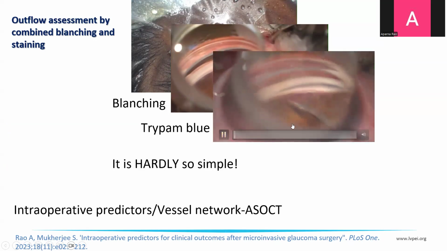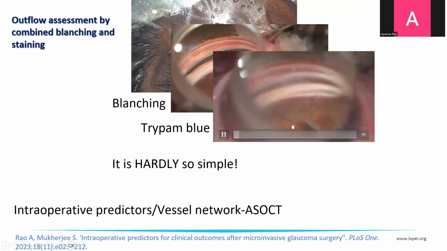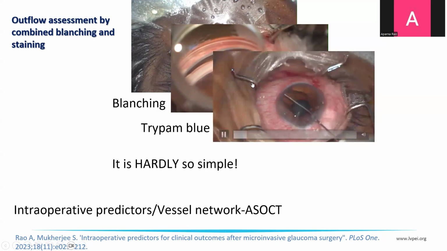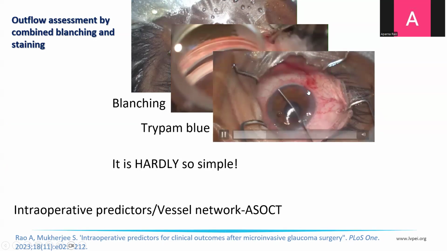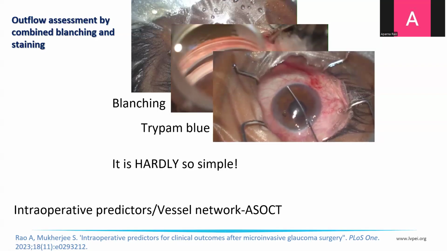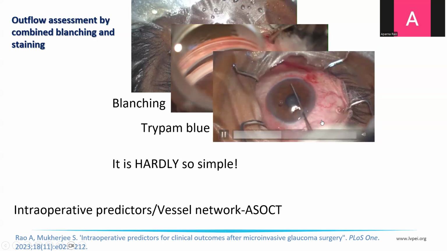This video showcases some variations that may be seen which may cause confusion. This video shows a blanching that you see immediately in 3 clock hours, as can be seen by whitening of the sclera and disappearance of the superficial episcleral veins.